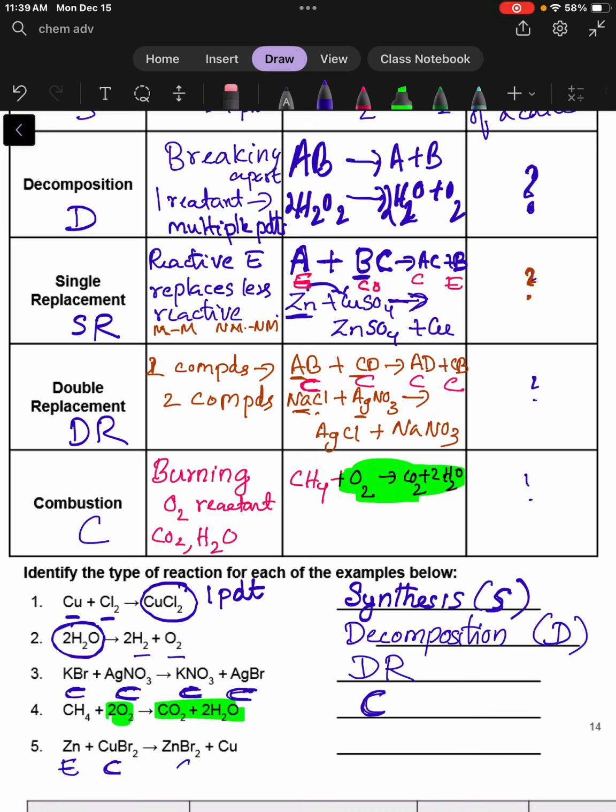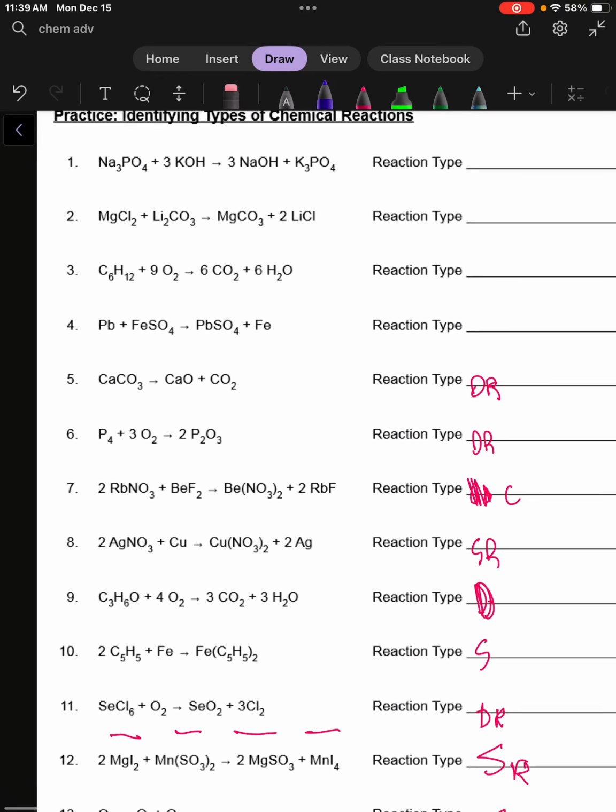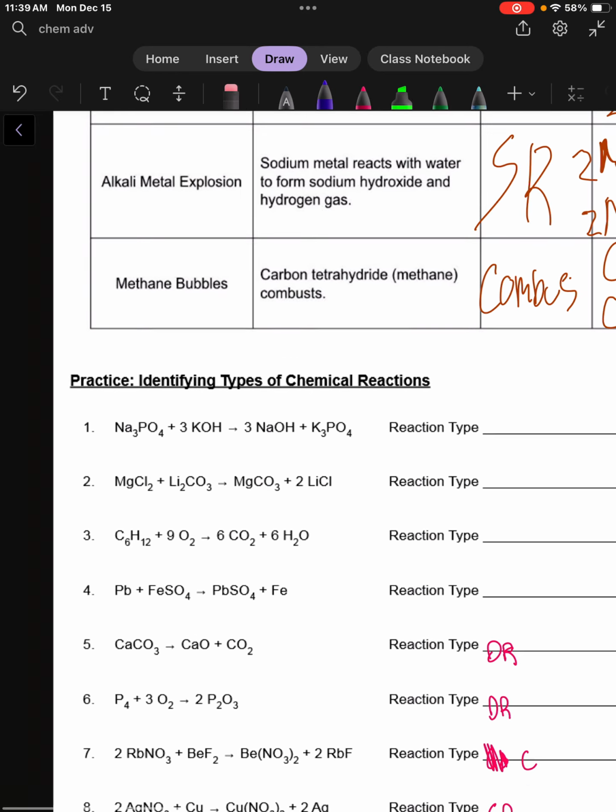If you see a compound and a single element on both sides, that is called a single replacement reaction. So now on page number 16, you have practice. Just go ahead and finish that.